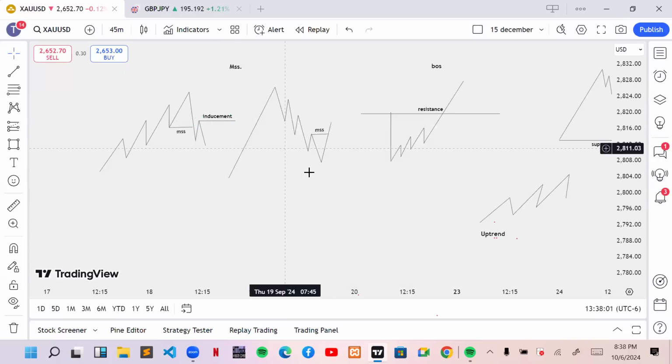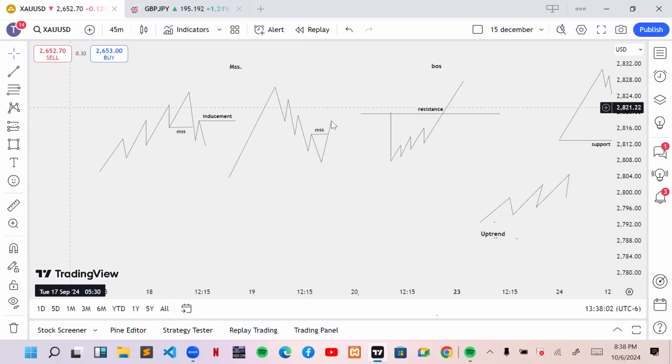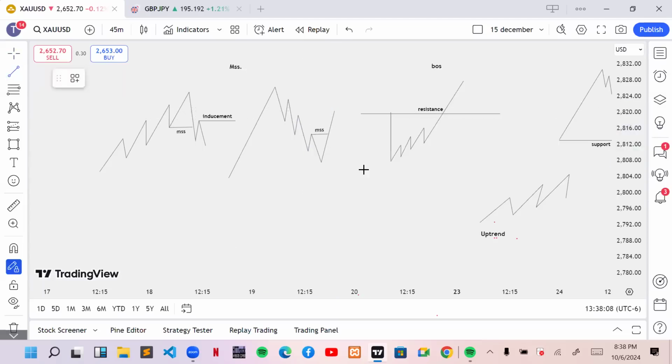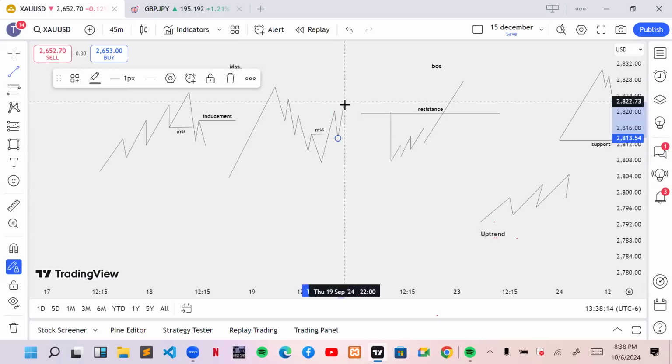Same as for this: if market breaks structure to the upside, after breaking structure, it will make a pullback, that's this, before eventually going back up. So this pullback is what your inducement is.